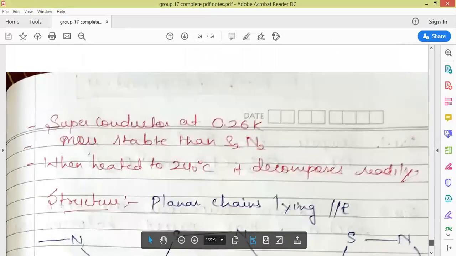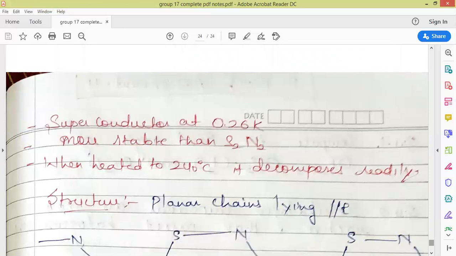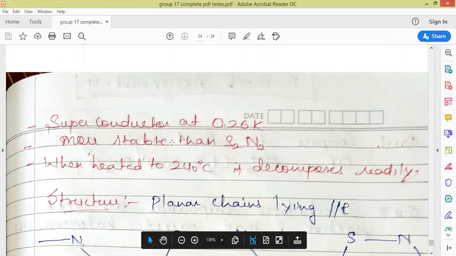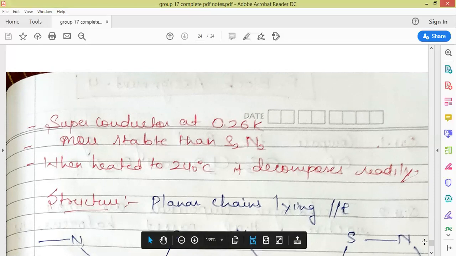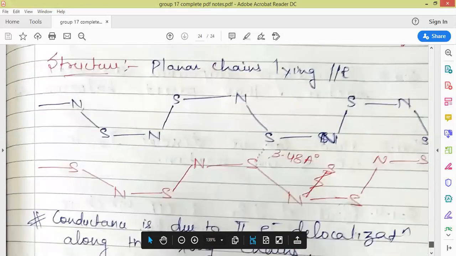Next we have its structure. It has superconductor properties. It behaves as a superconductor at 0.26 Kelvin, and it is more stable than its starting material, that is S2N2. When it is heated to 240 degrees Celsius, it decomposes readily. It has a planar chain-like structure which lies parallel to each other.